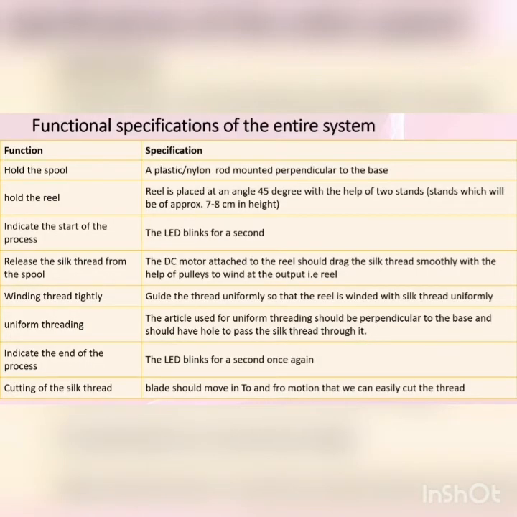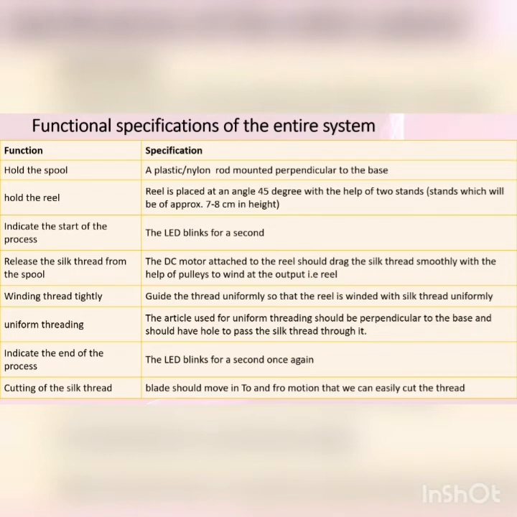Functional specifications of the entire system. Hold the spool: a plastic rod mounted perpendicular to the base will be used to hold the spool erect. Hold the reel: the reel is placed at an angle of 45 degrees with the help of two stands, which will be approximately 7 to 8 centimeters in height.